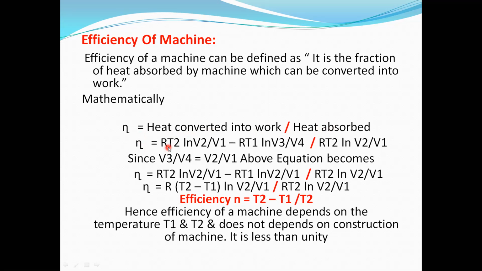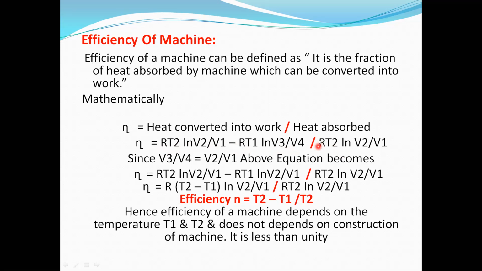So efficiency is equal to heat converted into work divided by heat absorbed. What is the value of heat converted into work? We have seen in the Carnot cycle as well as in the Carnot first theorem: RT2 ln V2 divided by V1 minus RT1 ln V3 upon V4.